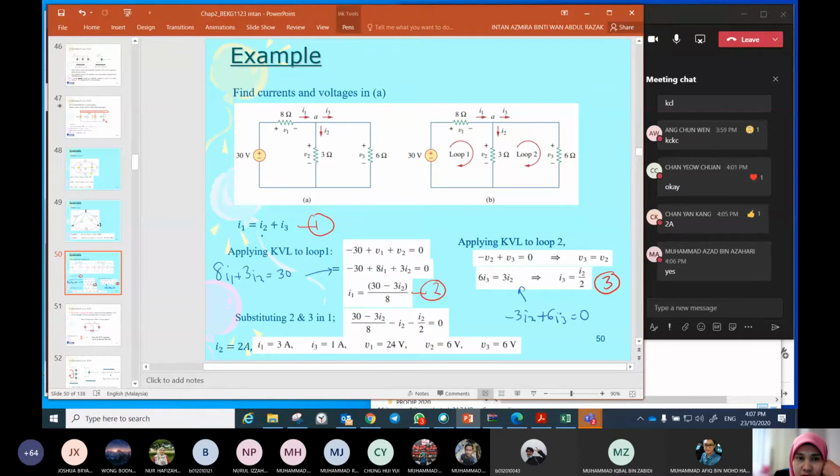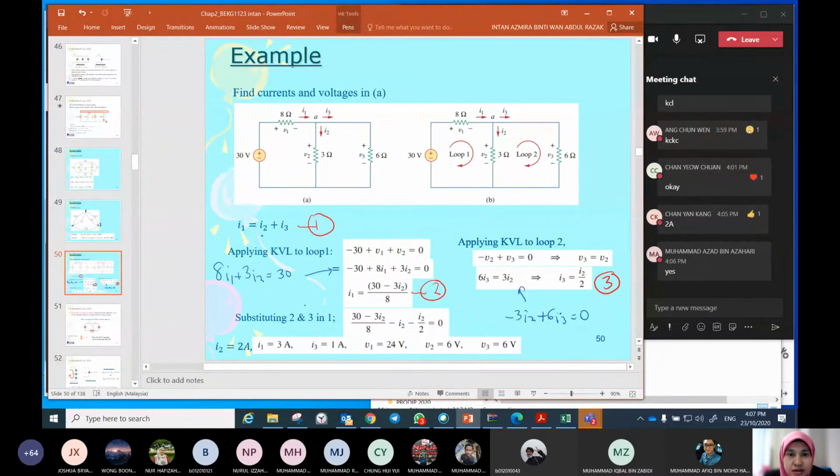Okay, so you have 3 equations and you can use calculator to solve it. How to solve 3 equations or 2 equations or 4 equations in calculator? I will teach you later, but you can search it yourself. In calculator, you just put the constant of each term.